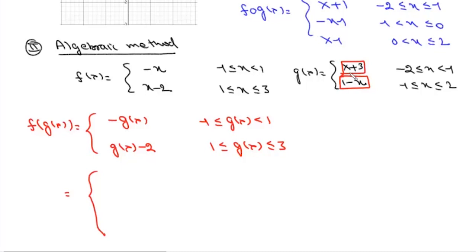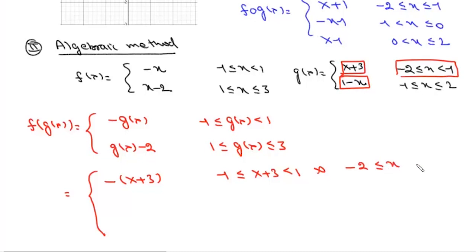Now first we'll use this definition, x plus 3. So it'll be minus, and then g(x) is x plus 3, and then we'll write minus 1 when x plus 3 is less than 1. Now here we have to use AND, because this condition must be satisfied for these values of x. So together with this condition, we have to take into consideration the domain of x also.